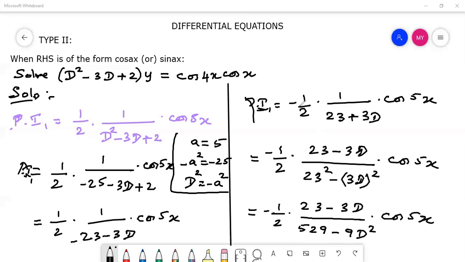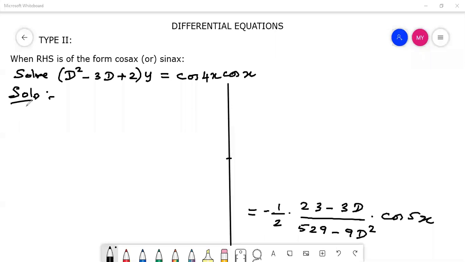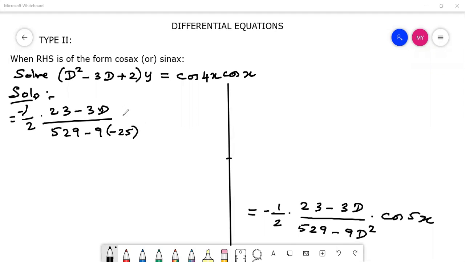Now we have to replace D square, again applying minus a square. So I'll be getting minus 1 by 2 into 23 minus 3D over 529 minus 9 into, again my D square is minus a square, it is minus 25 into cos 5x.